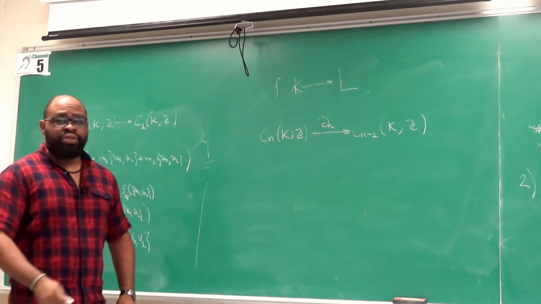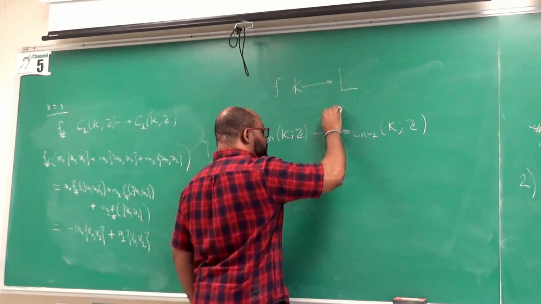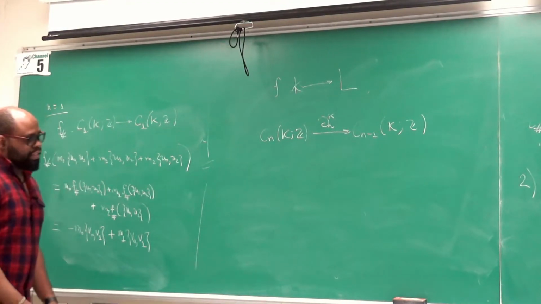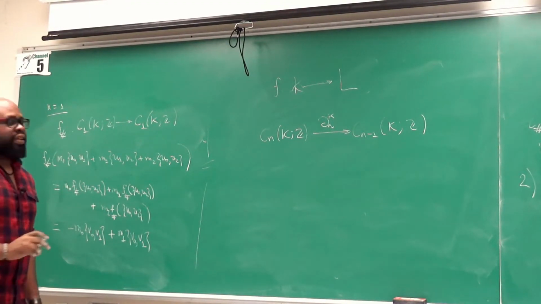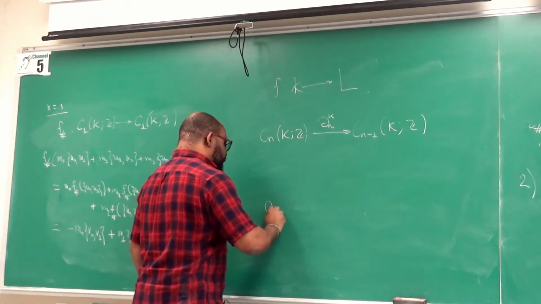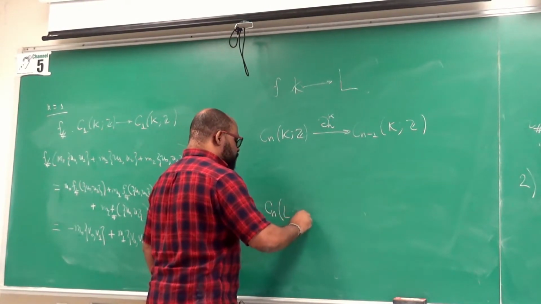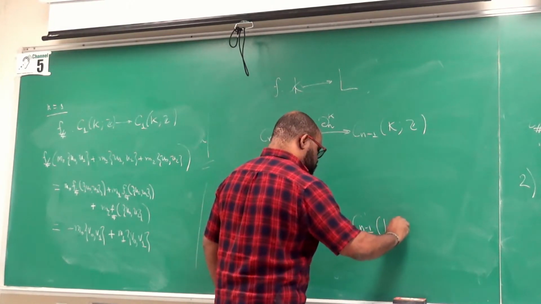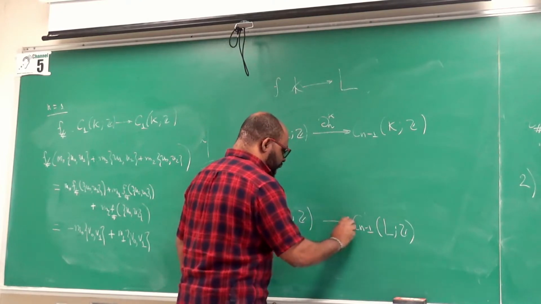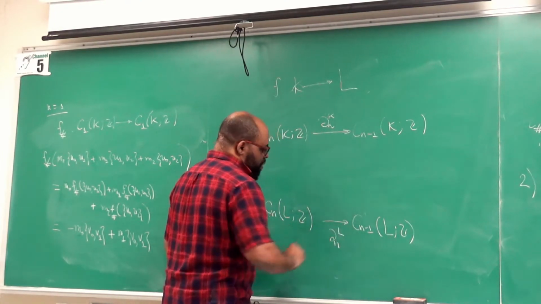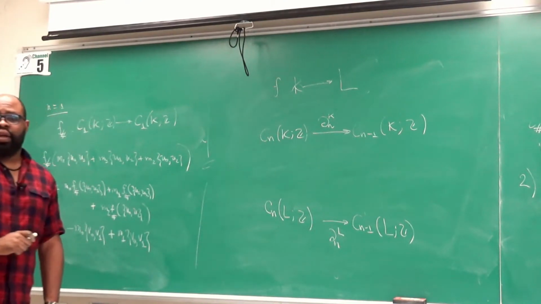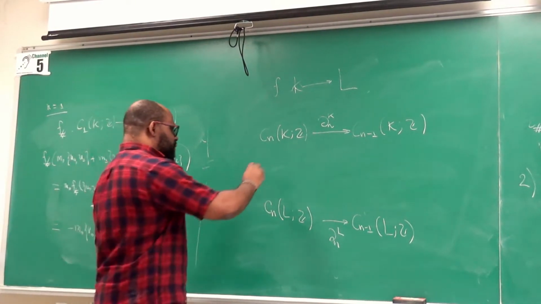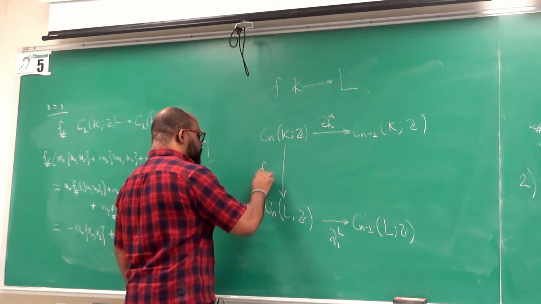Okay, and I'm going to put a K in here just to be very clear that that is the boundary for K. We can also look at the chains of L. And we also have our boundary maps, but now for L. And we've constructed this sequence of sharps that go this way.